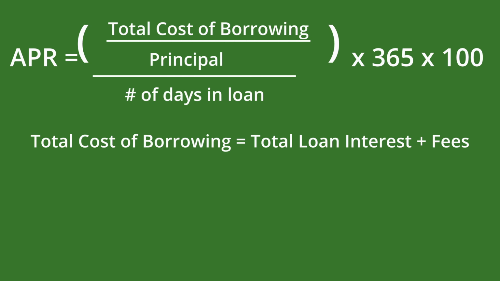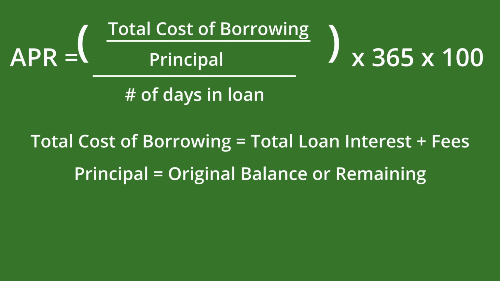The total cost of borrowing is not only the interest charges, but also any fees or costs associated with the loan, thinking origination fees, processing fees, or annual fees. Principal amount is either the initial amount borrowed or the outstanding balance on the loan. Number of days in the year: that 365 up there could actually also be 360.